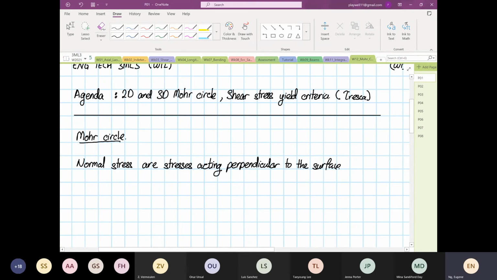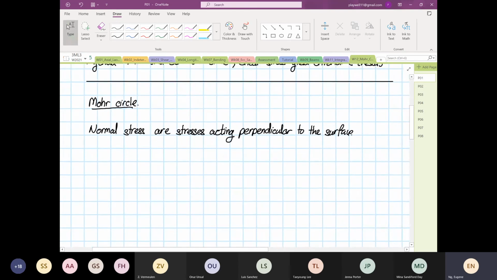So if I were to write down the formula, you'd say, yeah, we've seen this before. So how do we calculate the normal stress? Sigma is equal to P over A plus or minus M Y over I. You guys will say, yeah, we know this, right? So which part of Mohr circle is this?